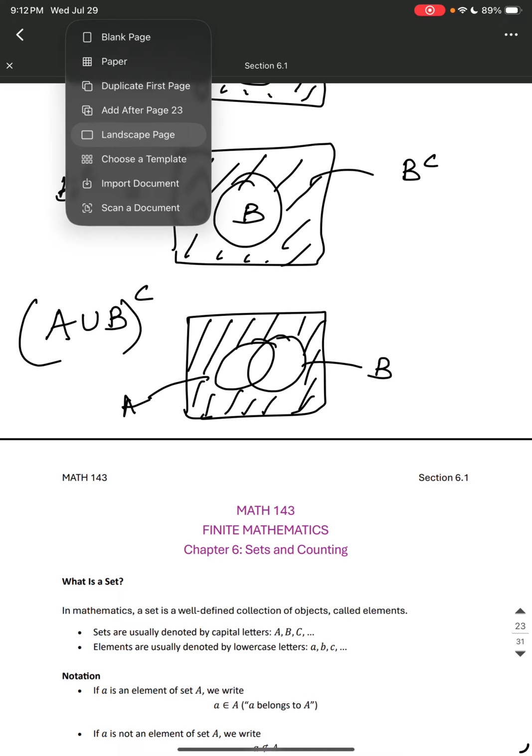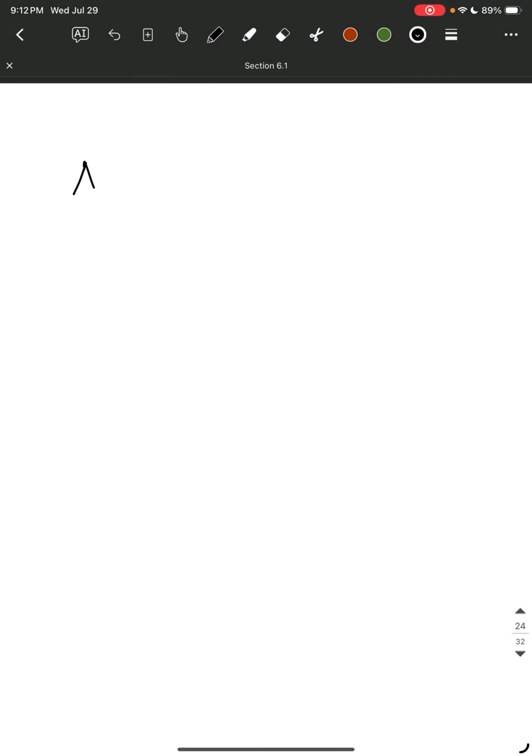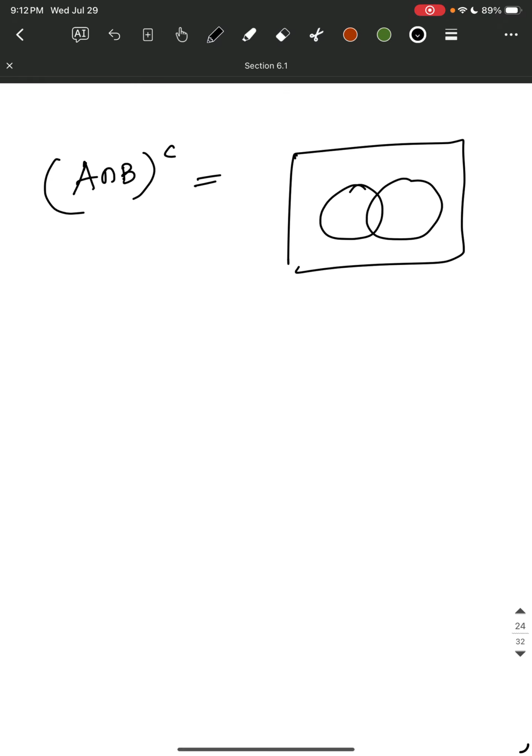Also, A intersection B complement, if we have A intersection B here, then all outside, here we can see the A intersection B, all outside area, the complement, right? Okay.